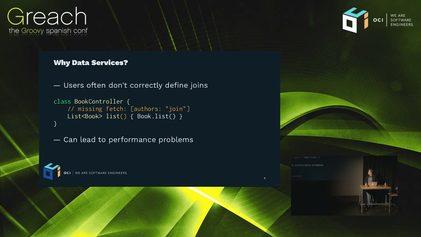In addition, users often don't correctly define joins. So if you're going to need the data in your view or wherever you're going to use it, or when you're in your JSON or whatever it is, you should be using a join. Why? Because if you have an association, you are essentially at the mercy of the n+1 select problem if you don't.